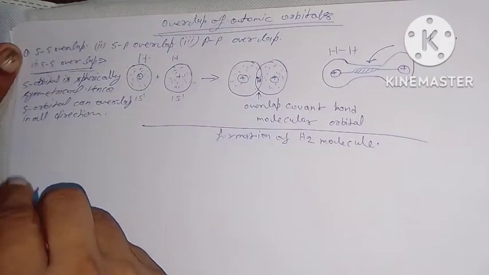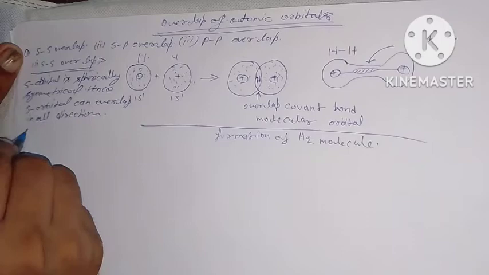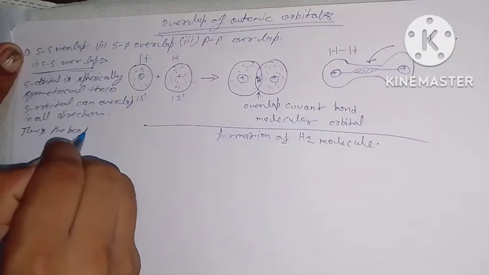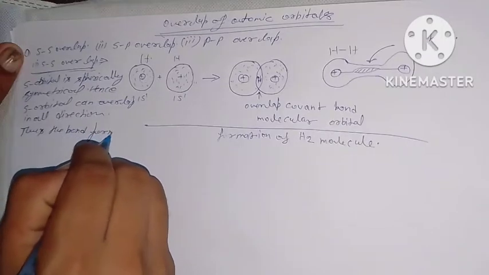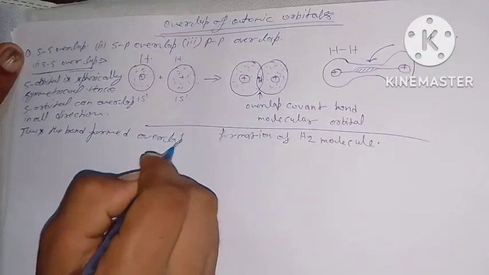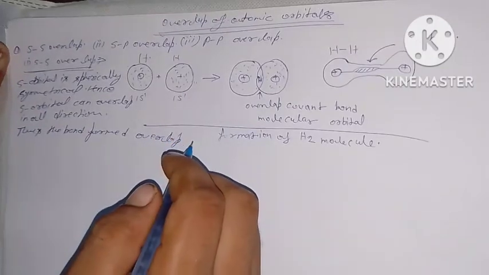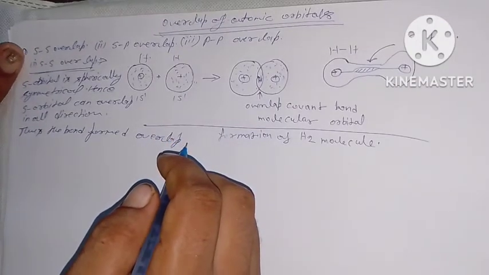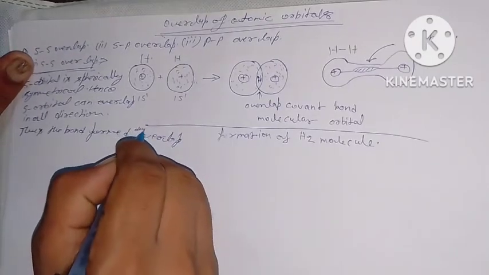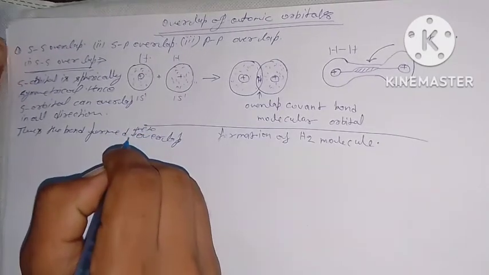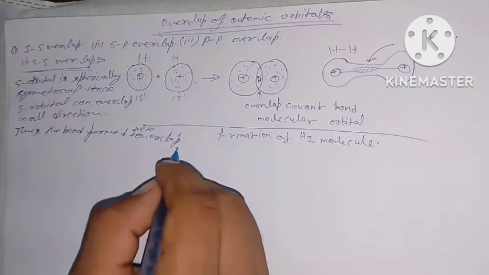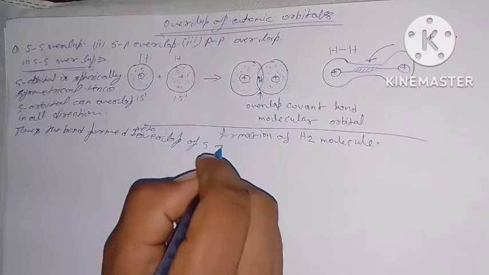Thus the bond formed due to overlap of S orbitals is non-directional.